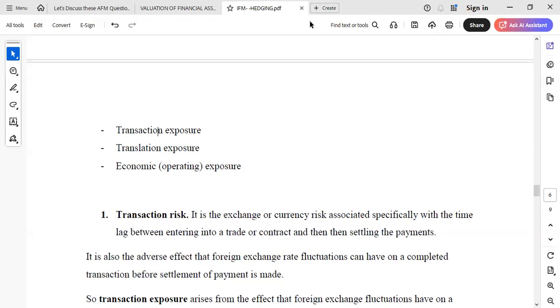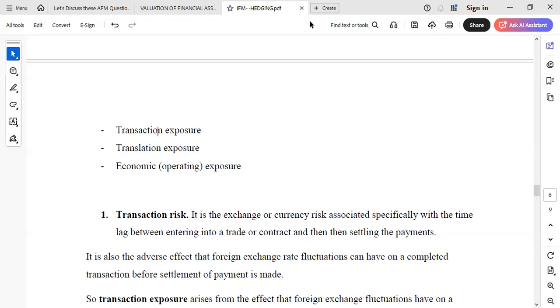Then the question is, what will be the exchange rate at the time of payment? There is always that risk because exchange rates keep on fluctuating. So the risk is associated with the time lag between the time you enter into a transaction and the time you settle. That is transaction risk.